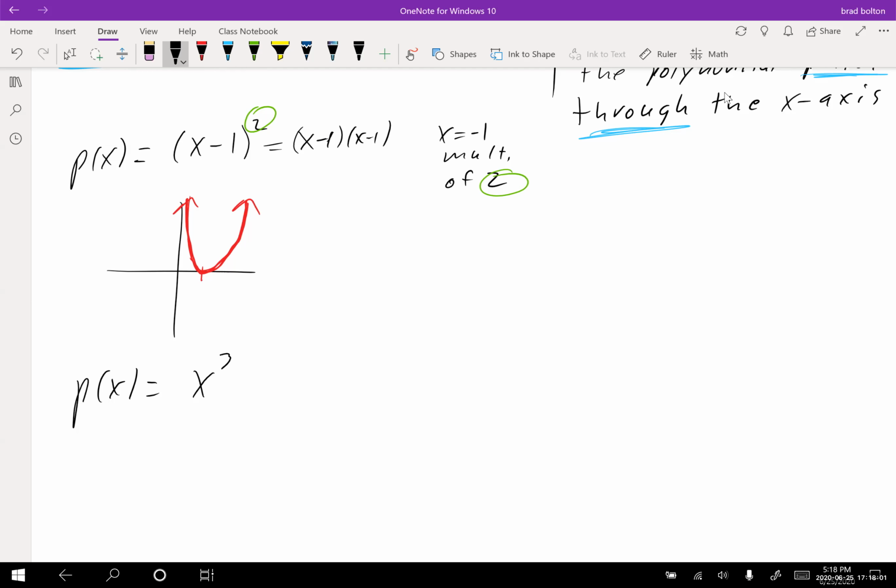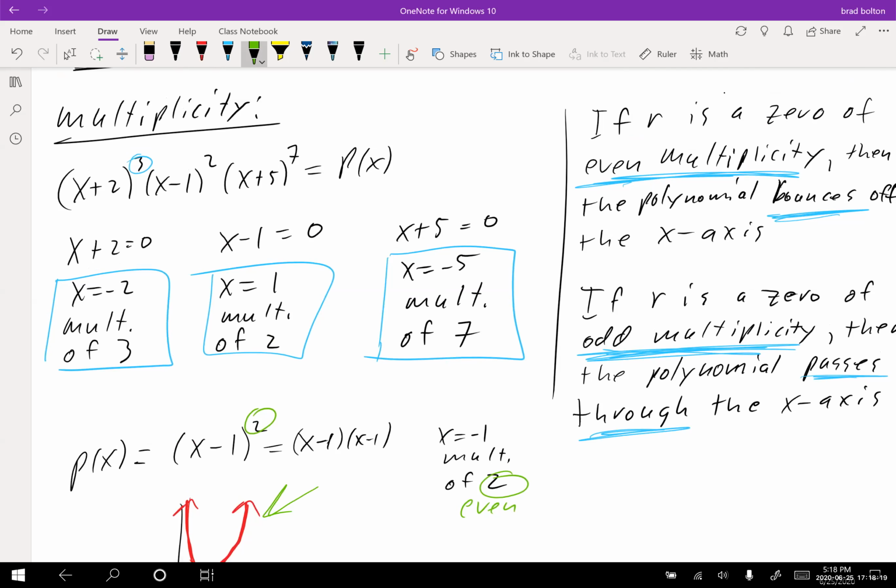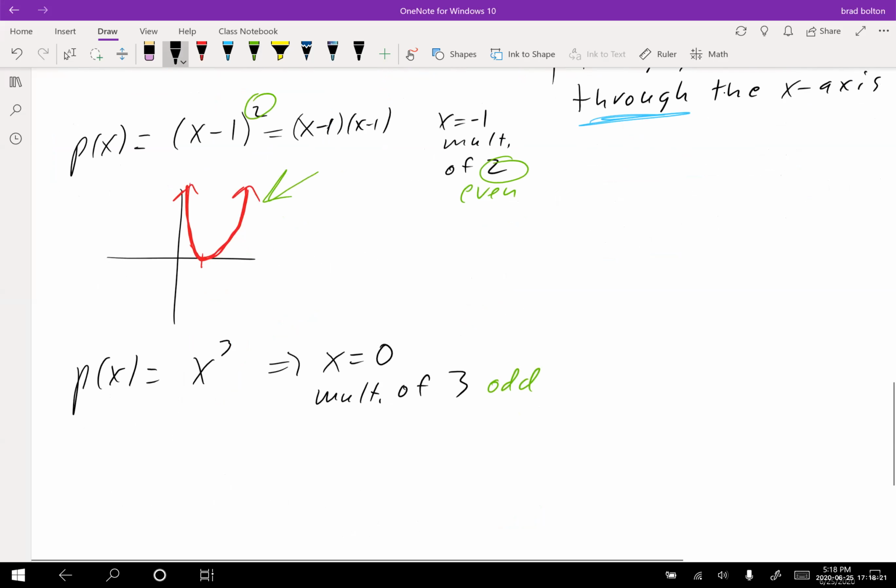That means that it has x equals 0, but how often it occurs, it has a multiplicity of 3. So it has a multiplicity that is odd. This has a multiplicity that is even. So according to this, one should bounce, which it did. That one bounced.